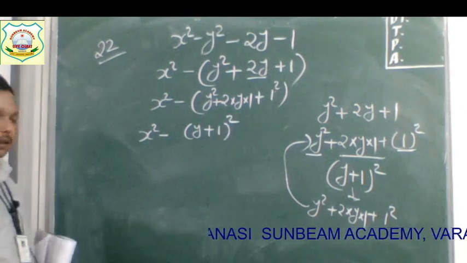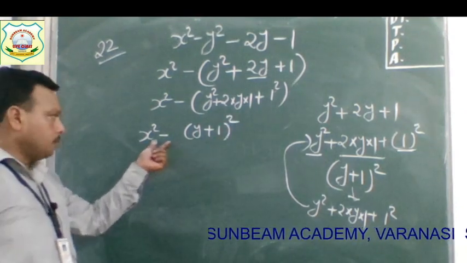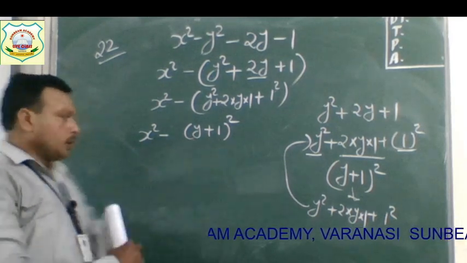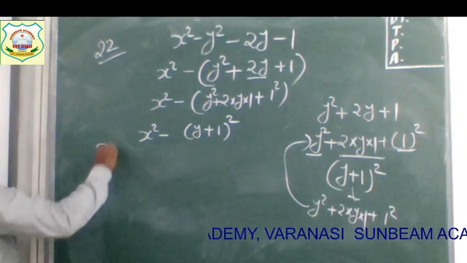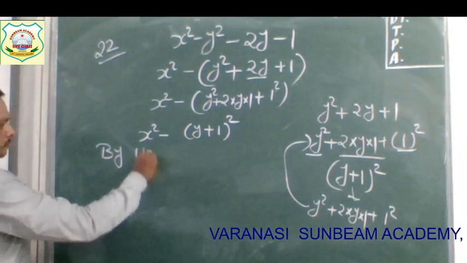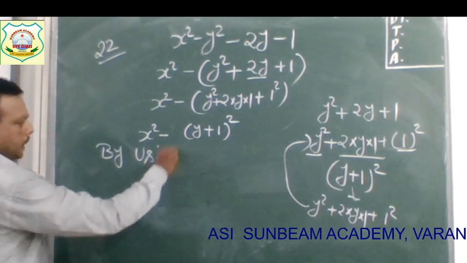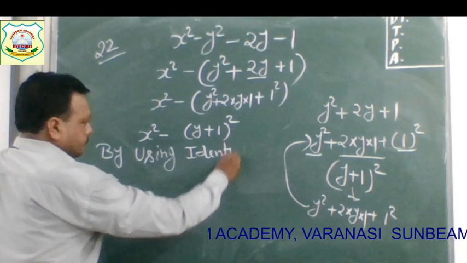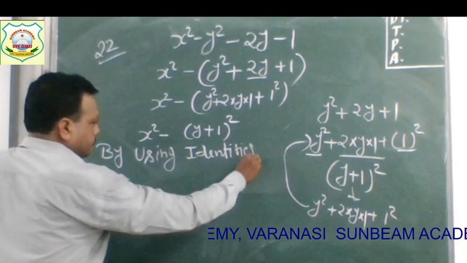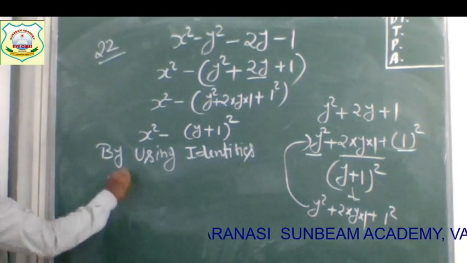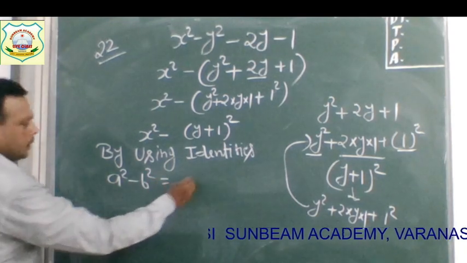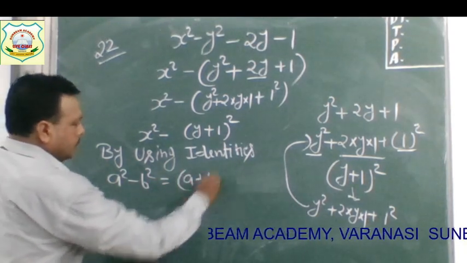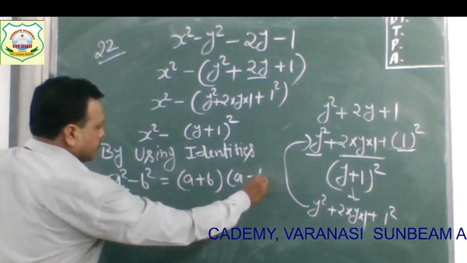So students, you can see here it is the form of a square minus b square. By using identities, a square minus b square equal a plus b and a minus b.